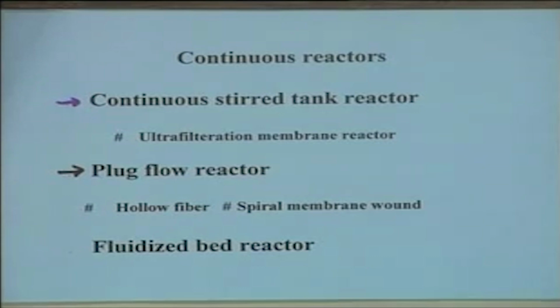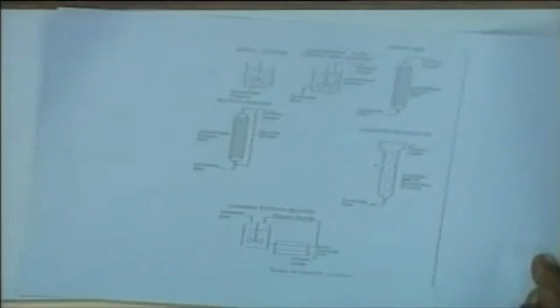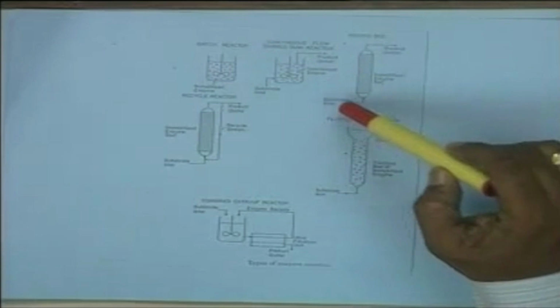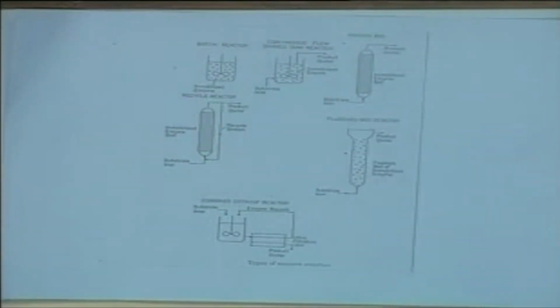Now, the basic characteristic of a plug flow reactor, as you notice here, is that the substrate inlet stream moves with a flat concentration or velocity profile along the length of the reactor.